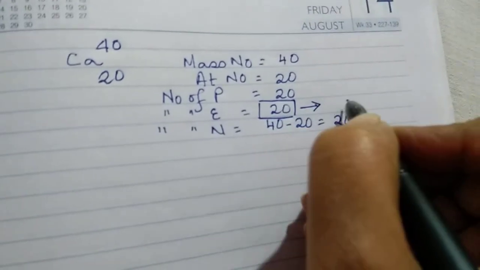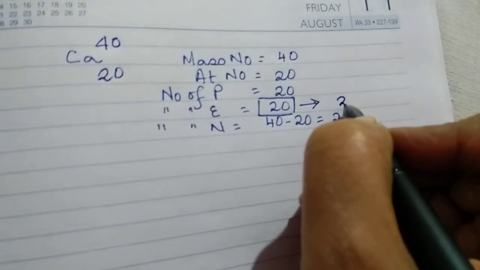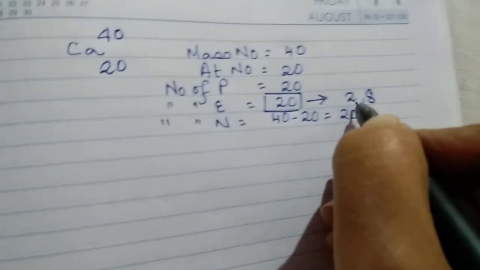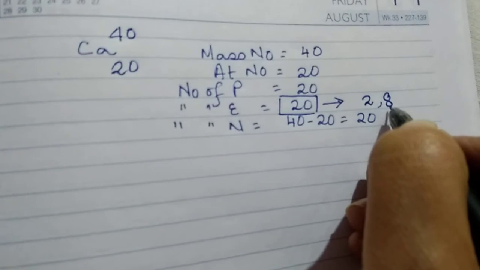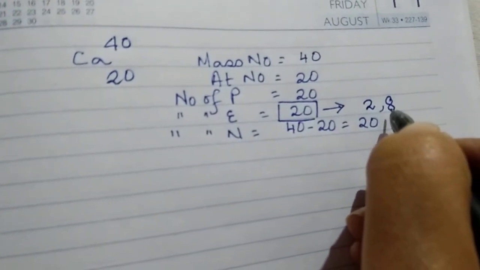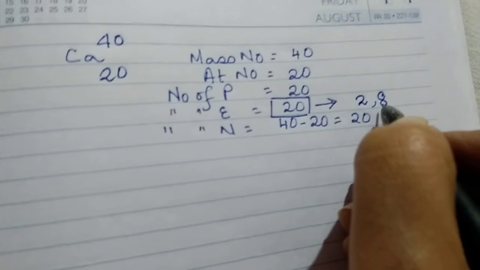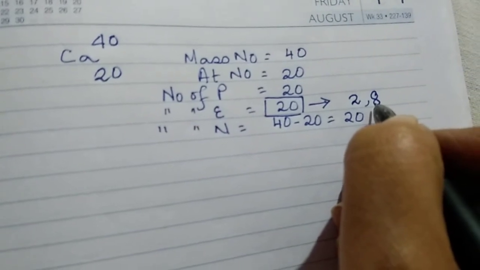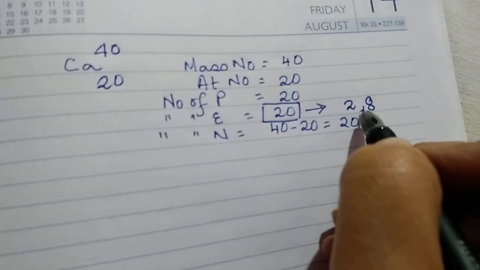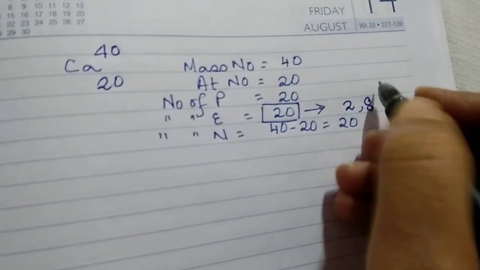So see, in the first shell you can accommodate 2. The second shell 8. So 2 plus 8 makes it 10. So another 10. What is the capacity of the third shell? 18, as we had discussed according to the 2n square rule. But yet it will not hold more than 8 electrons due to the octet rule.